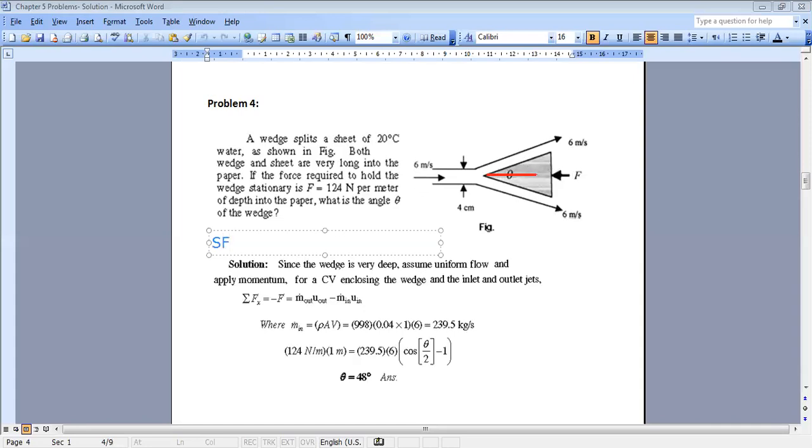So from the Reynolds transport theorem applied on the velocity, we can write that sum of forces in X is equal to m dot out u out minus m dot in u in. What do we mean by this? Of course, if you have several inlets, you do summation.